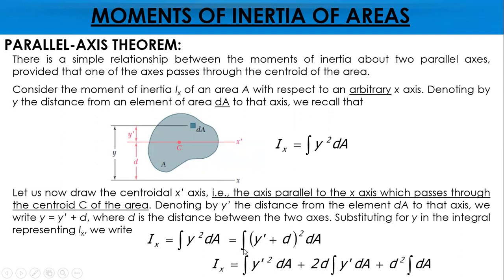Now, for this one, integral of y prime squared dA, this is also a moment of inertia. The reference is the centroidal x-axis. Again, pag Ix, y squared, distance of dA from the x-axis y. But if the distance is y prime, then the moment of inertia is with respect to x prime. Okay.